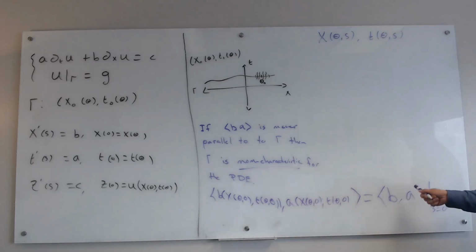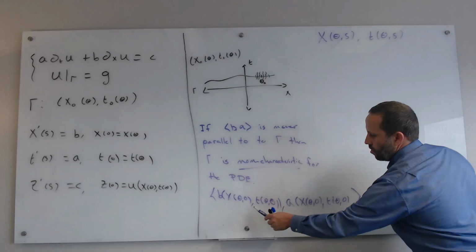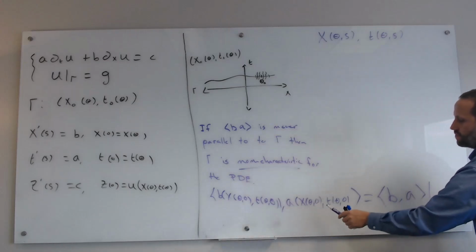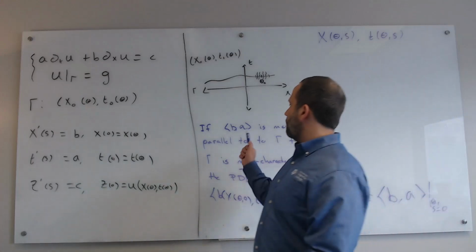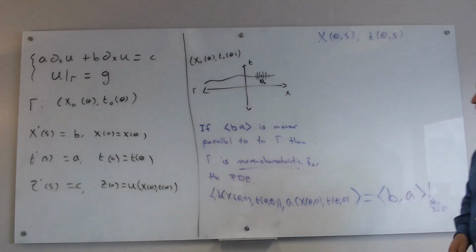But b and a are both functions of x and t, and x and t are both functions of s and theta, so there are a lot of compositions here. This is b of x of theta 0, t of theta 0, comma, a of x of theta 0, t of theta 0. All this is just the vector field (b, a) evaluated along the curve gamma.